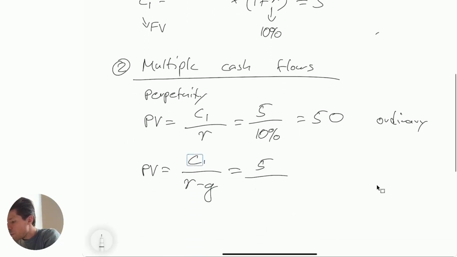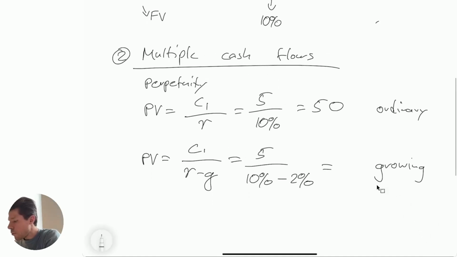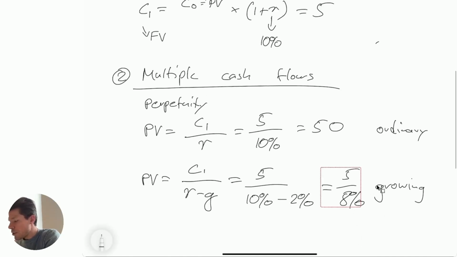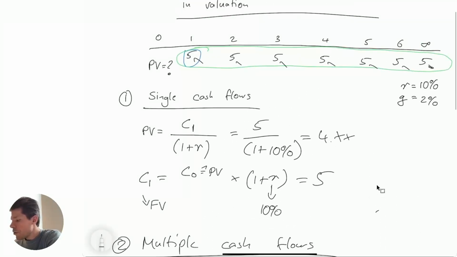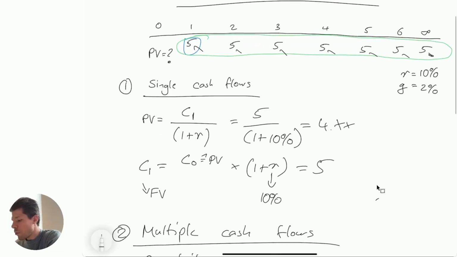Then what we would do is 10% minus 2%, which is called growing perpetuity, which would be 5 divided by 8%. So as you can see, the denominator gets smaller, so the number is higher than 50 because we assume the cash flows are growing.